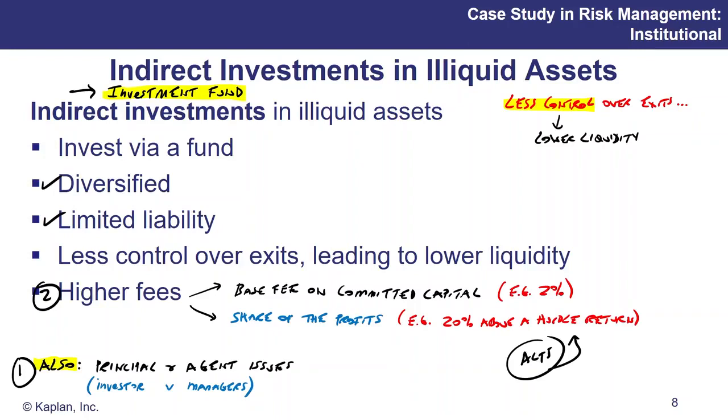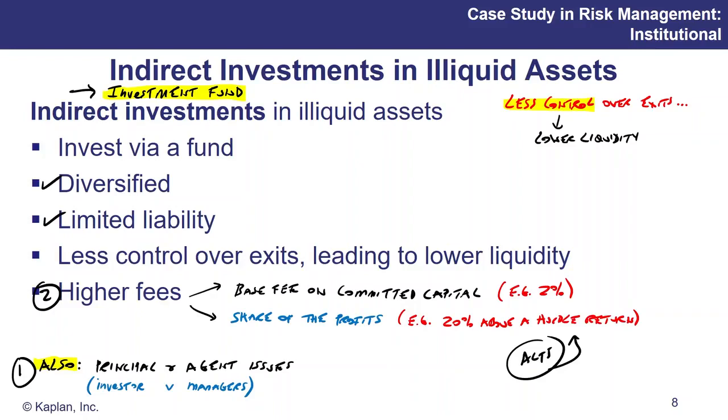Now, one of the key problems with the indirect form of investment is that you don't have a direct say over when you leave a project, because you might find that you're restricted in your withdrawals. Guys, hedge funds have gates. We talked about gates and lockups.